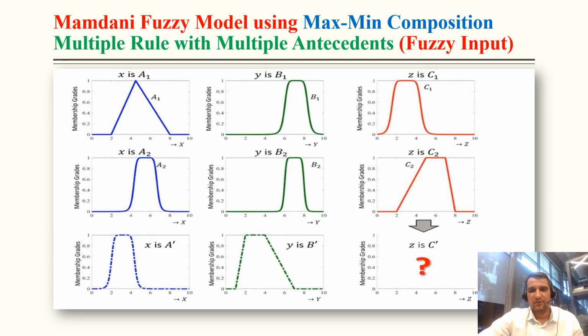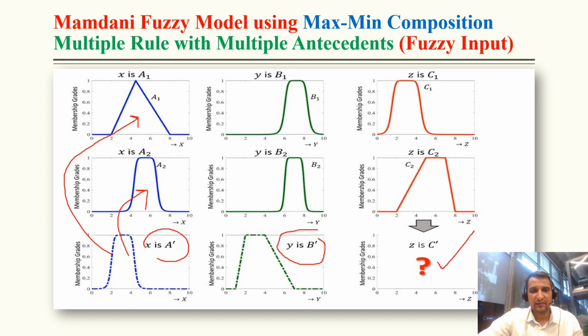Now we want to calculate if x is a dash, y is b dash, then what will be our output? So we are going to superimpose this with this one, and again this with this one. Again we are going to superimpose with this one and with this one, right?